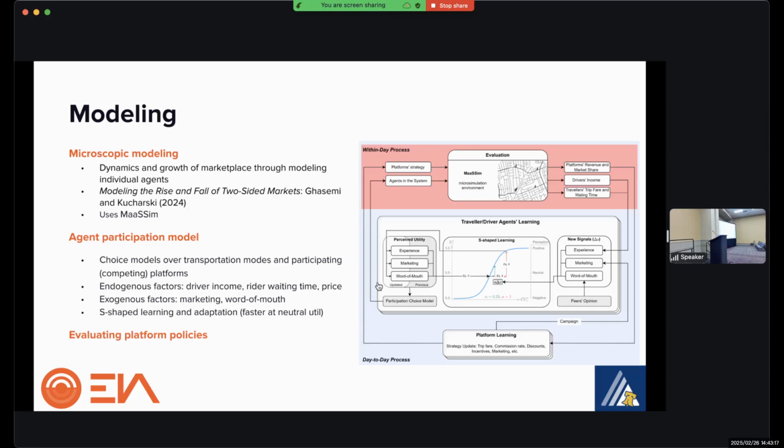There are competing transportation modes, for example, taking a taxi or public transportation, or being involved in a competing platform, for example, Uber versus Lyft.